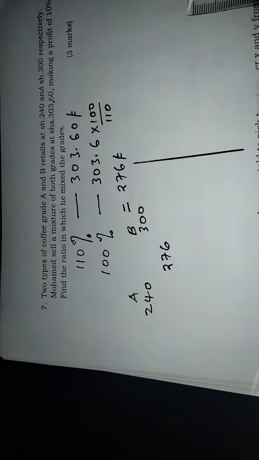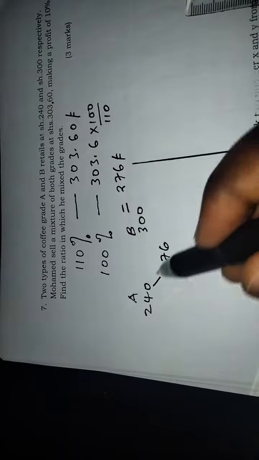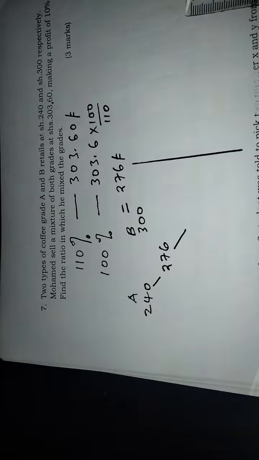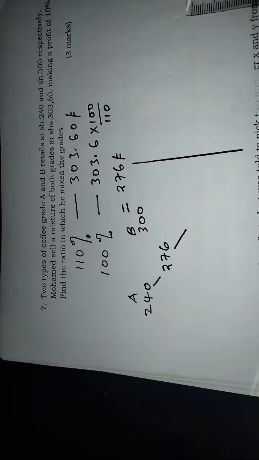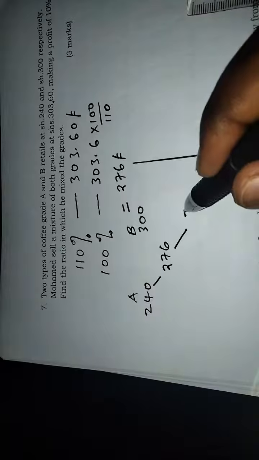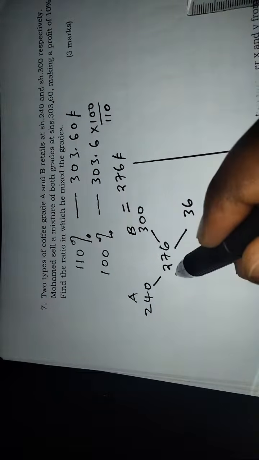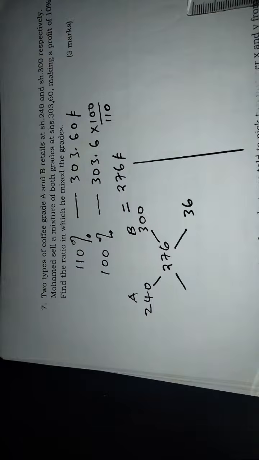Then we subtract now 240 and 276, and we are getting 36. We also have to subtract the other side, 300 and 276. And we are getting a 24.